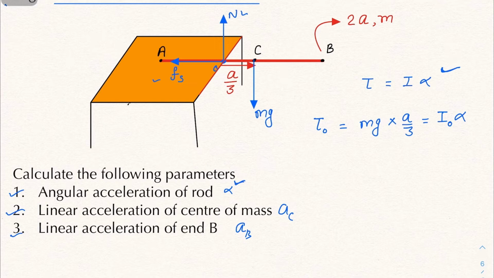So mg a/3 equals the moment of inertia times alpha. It is a uniform rod, and the axis of rotation is not passing through the center of mass or one of the ends. If it passes through the center of mass, the answer is ml squared by 12. If it passes through one end, then ml squared by 3. But this is neither case, so I will simply use the parallel axis theorem.